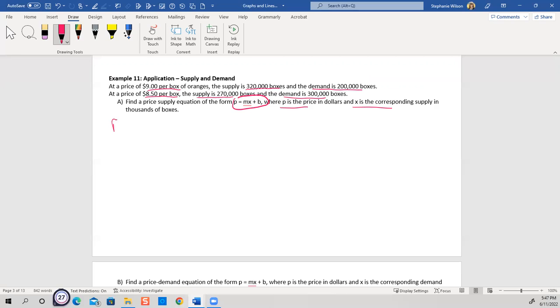I'm going to use the point-slope formula. Sometimes this is easier. When I go back up to my ordered pairs, we need to find the points in order to determine all this. I know that my ordered pair is (X, P), which was given to us right here, and P is going to be the y value. Using our data, the first ordered pair is going to be (320, $9).